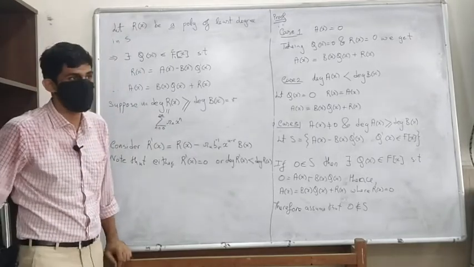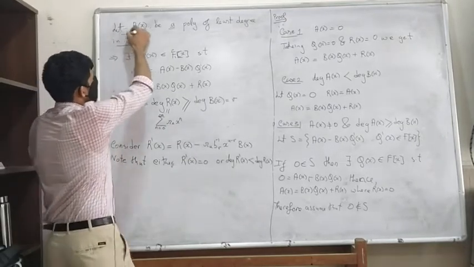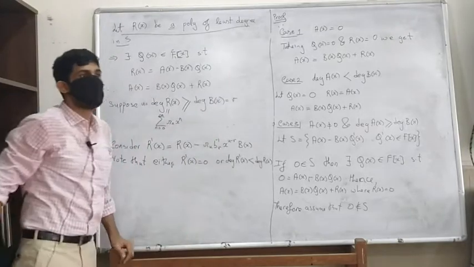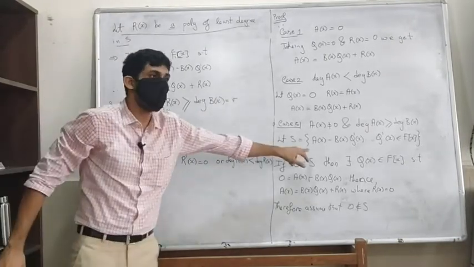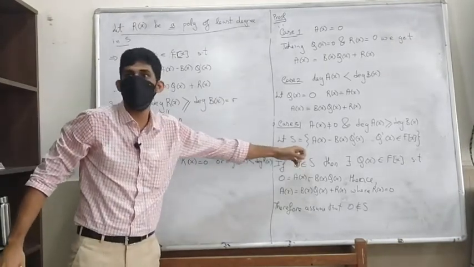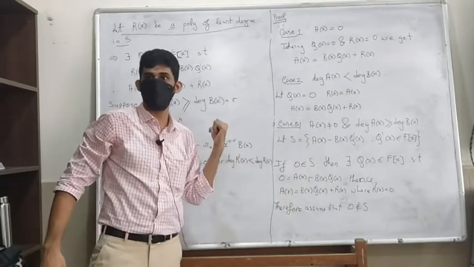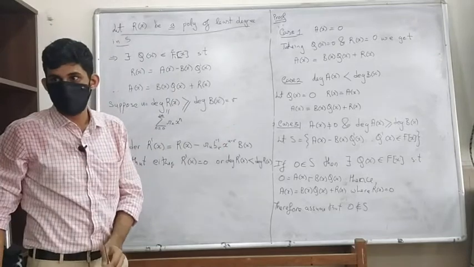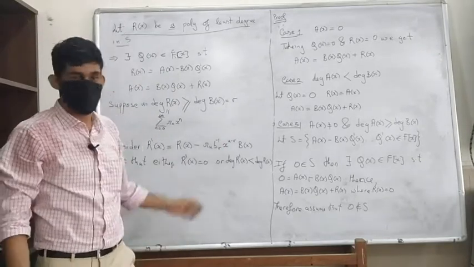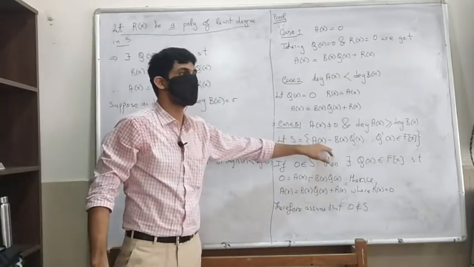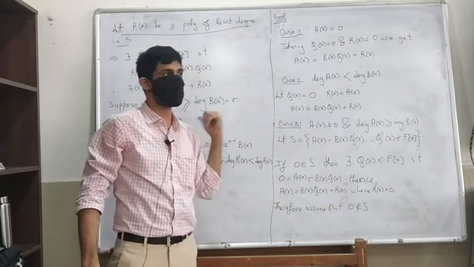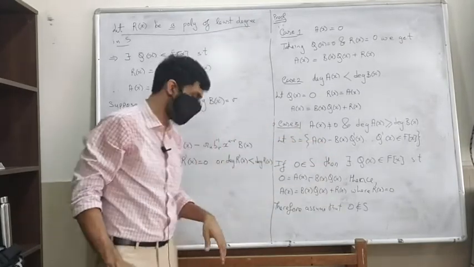Yeah, because of the choice of r of x, right? We have taken r of x to be a polynomial of least degree. So in no way can any element from this have degree lesser than it, right? There is nothing which can have lesser degree than that, okay?